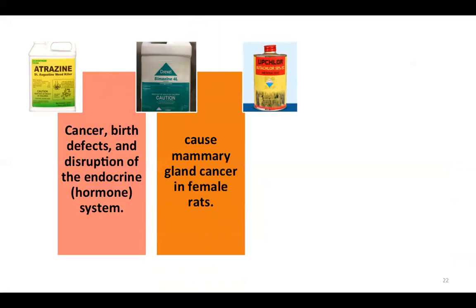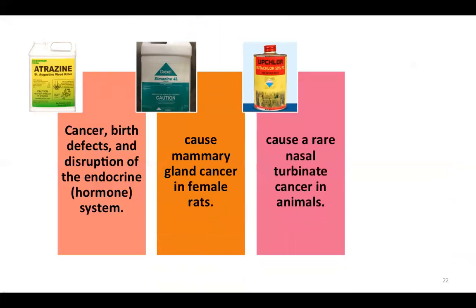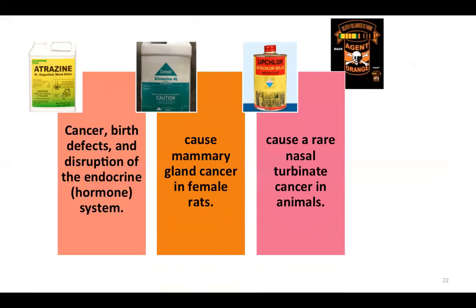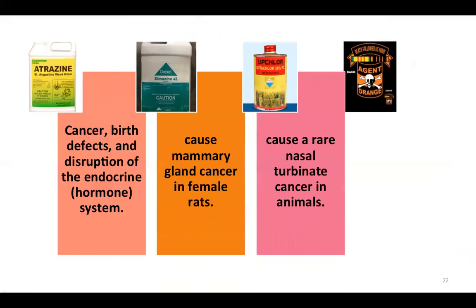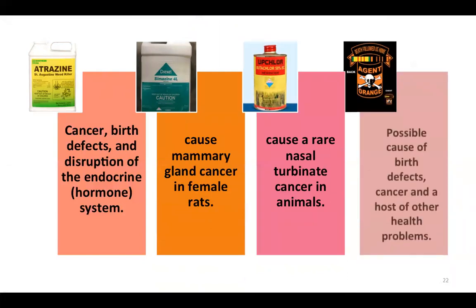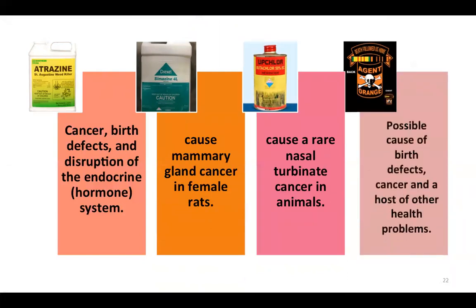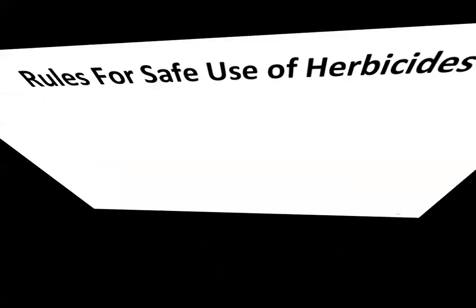Lasso, that is the butachlor 15% herbicide, causes a rare nasal turbinate cancer in animals. And the last one is Agent Orange. It can possibly cause birth defects, cancer, and a host of many other health diseases and create problems in human beings.